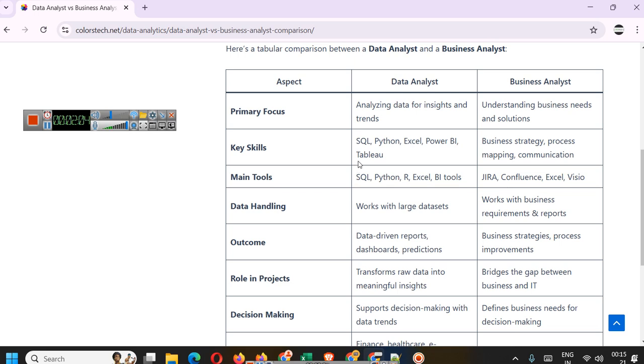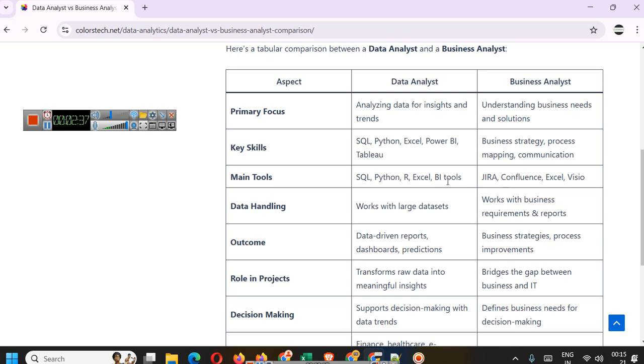Main tools, as you can see from key skills, are SQL. So you must be familiar with MySQL, SQL Server, or PostgreSQL, any one of them, or Oracle. So you must have good command over SQL language. You must have good command over Python language and its supporting libraries like Pandas, Matplotlib, Seaborn, Scikit-learn, etc. Additionally, if you have command over programming languages like R, that will be best.